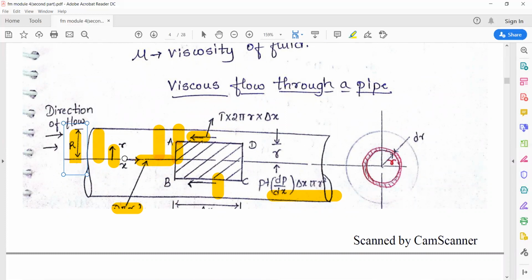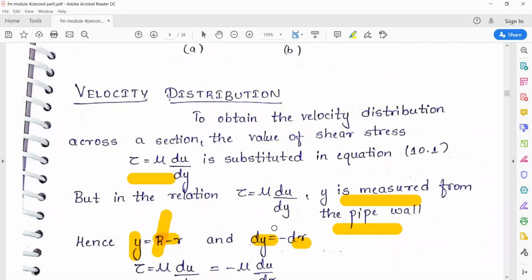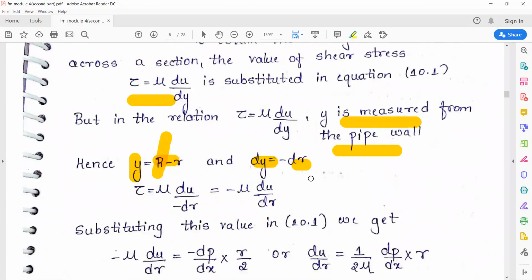Only the radius of the fluid element can be varied, up to capital R. You can differentiate only small r. When I differentiate a constant term, that becomes 0. So the capital R term becomes 0 and small r becomes dr, with the negative sign, so it becomes minus dr.